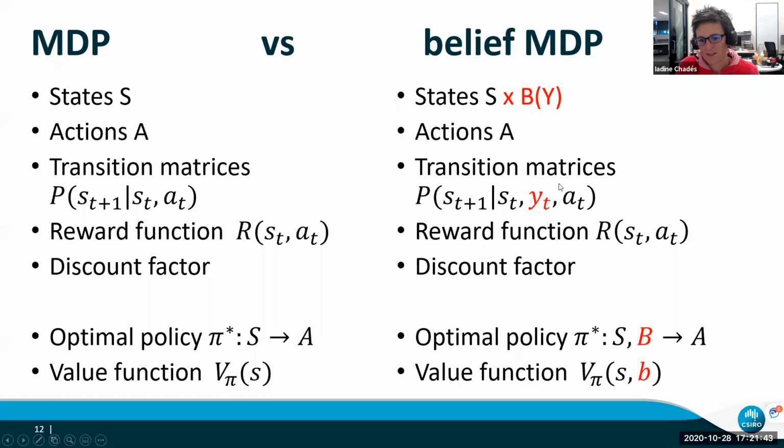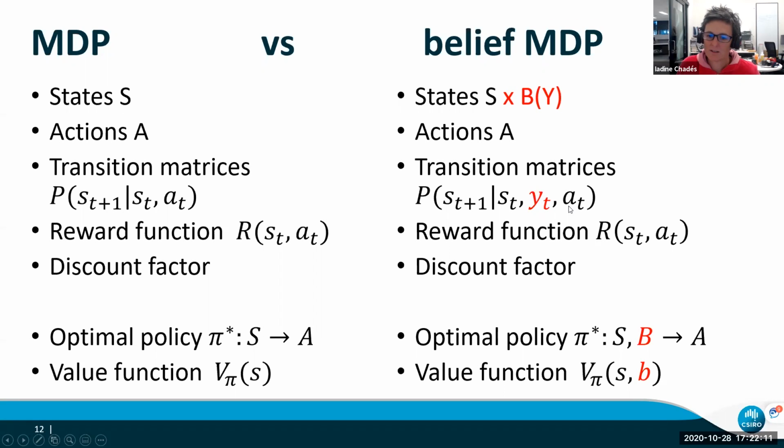So the transition matrices: one transition matrix per model. So the probability of S_t+1 depends on the state we were previously at time t, the model that is true, and A_t, the action that we're implementing.